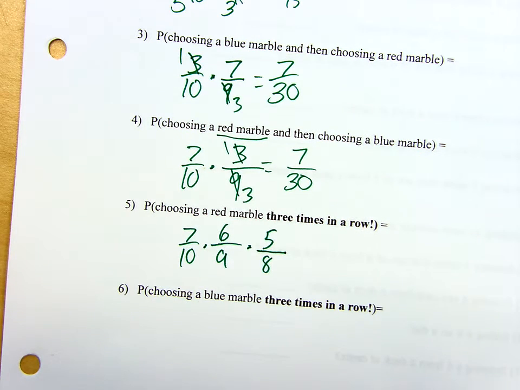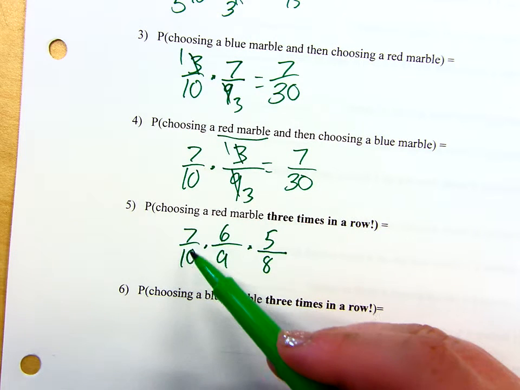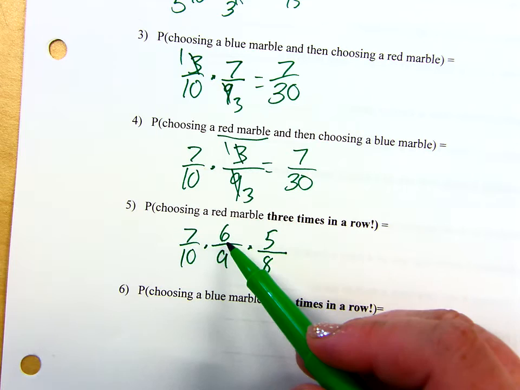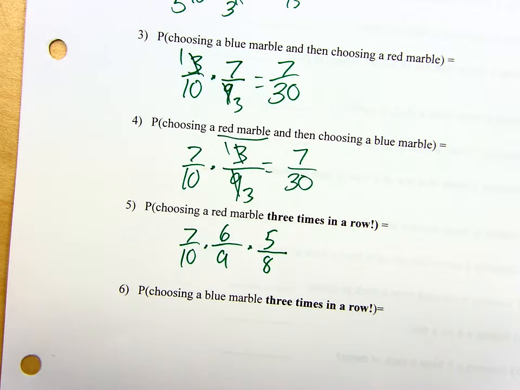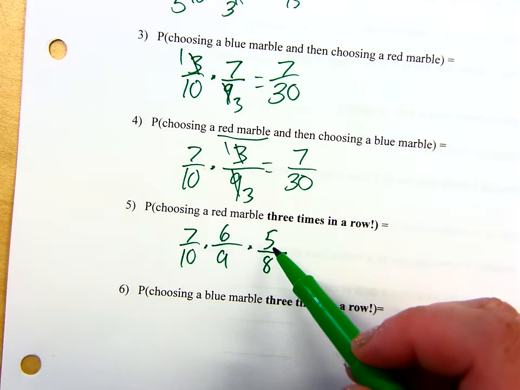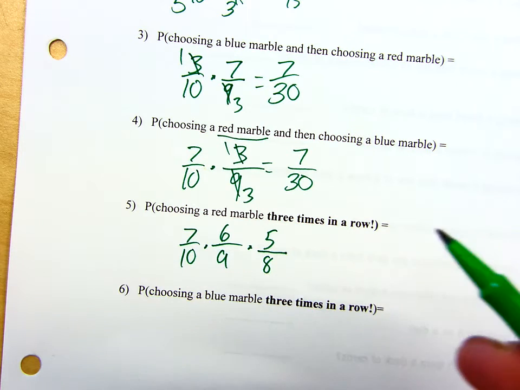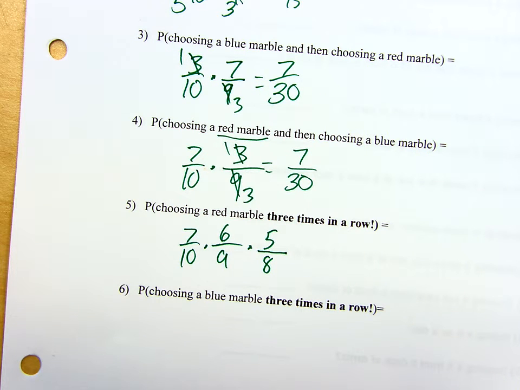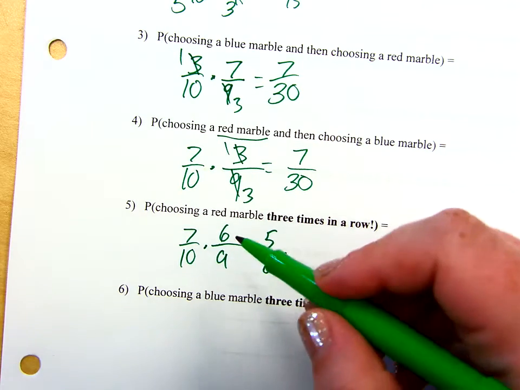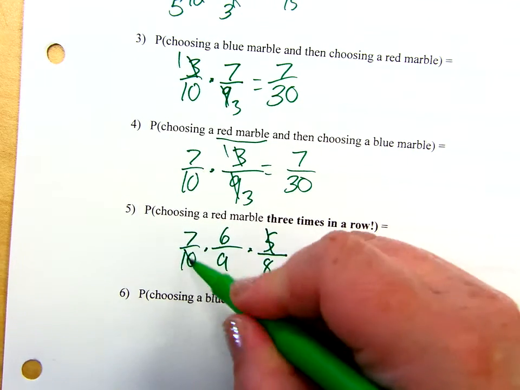Does that make sense to everybody why this happened? Wait, how'd you get the 6? Because I took 1 red marble out, so now there's only 6 red marbles left when I go to pick it the second time. And then when I go to pick it again, now there's only 5 red marbles left in there. So I'm going to reduce some things.